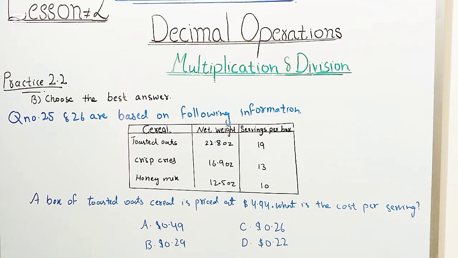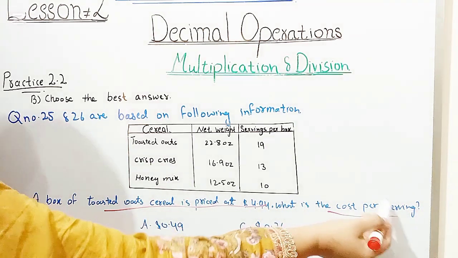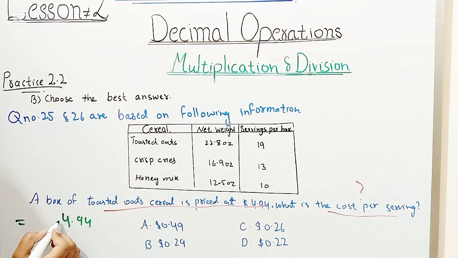Next question number 25. A box of toasted oat cereal is priced at $4.94. Toasted oats price 4.94. What is the cost per serving? We demand the cost per serving. Then total price is $4.94.